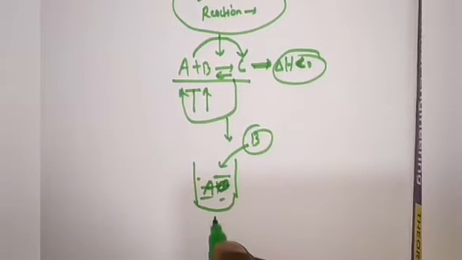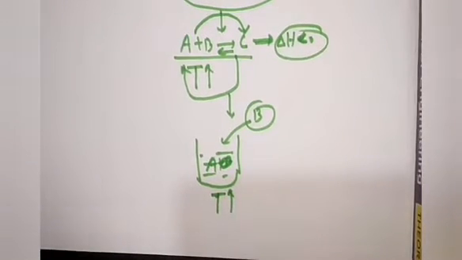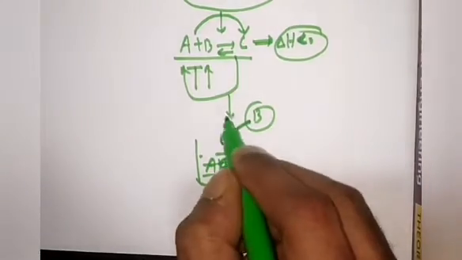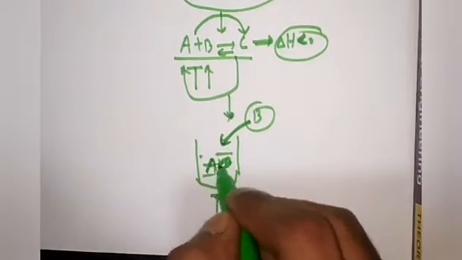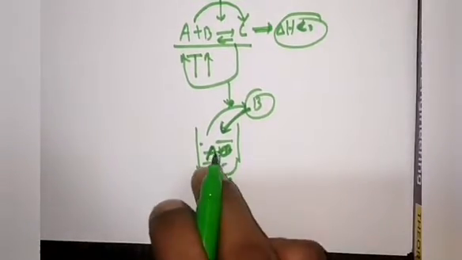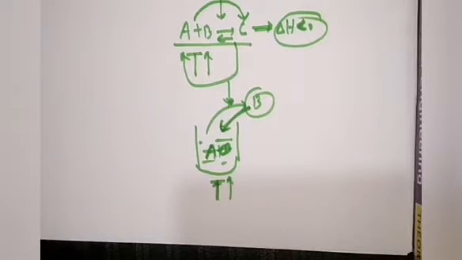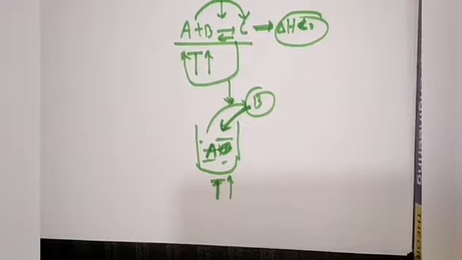If you will increase the temperature over here, then the dissolution process जो हो रहा है B का A में, वो बैकवर्ड डायरेक्शन में शिफ्ट हो जाएगा. मतलब B should get dissolved into A, but due to increase in temperature, the reverse reaction will occur, and again the formation of B will take place. That's why the dissolution process won't support over here. Why? Because already the dissolution process is exothermic, and again you are increasing the temperature. Due to increase in temperature, the reaction will shift in the backward direction, and dissolution won't support.